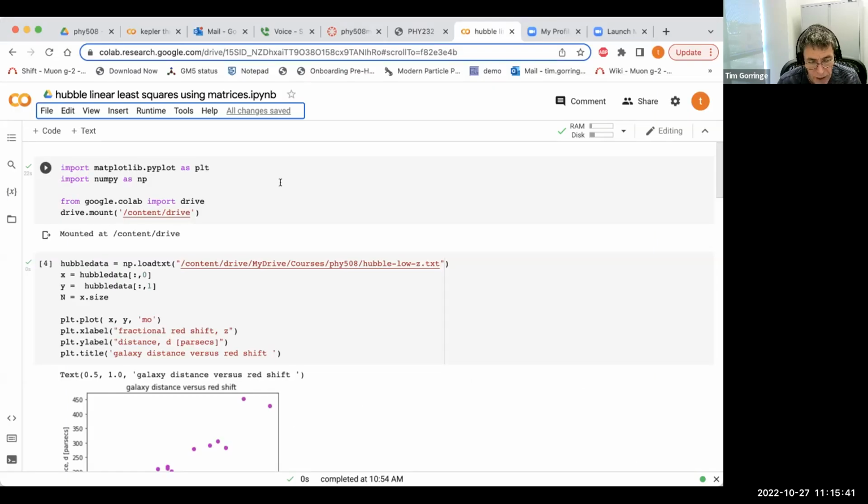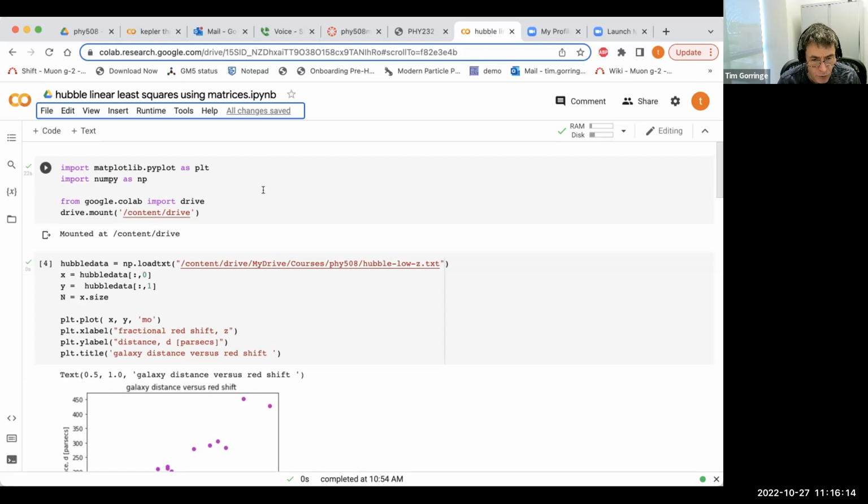Finally, I want to show you my code in which I implement a straight line fit of data related to the expansion of the universe and of Hubble's law and Hubble's constant, using this vector matrix formalism, for calculating in just one equation the best fit parameters, and in one equation the various uncertainties associated with the best fit parameters.